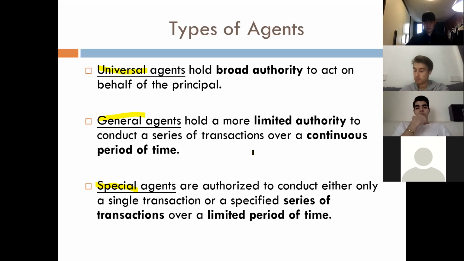Universal agents, that's very much like when we talked about a power of attorney. You can do whatever. Just handle my affairs. Handle everything. If my daughter needs money, you can decide if she gets the money. This is the same as a power of attorney. You can decide exactly how much power you want to give someone. But in China, you're definitely going to have to use agents a lot of times.